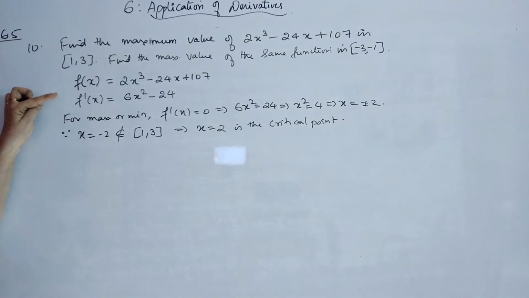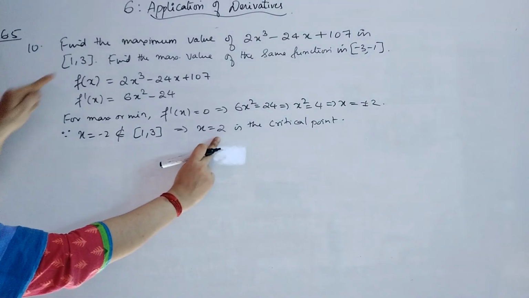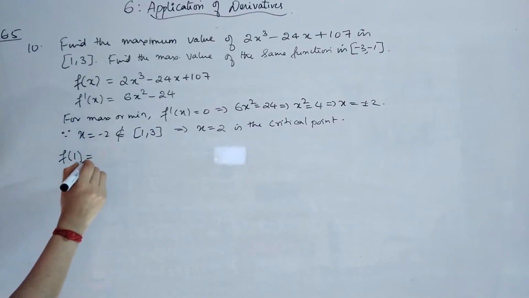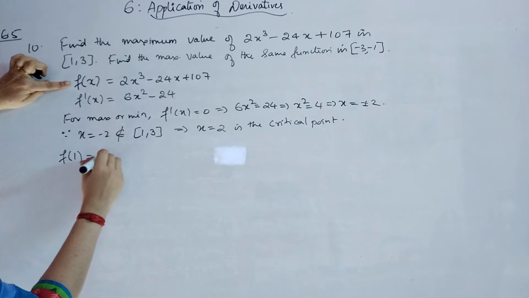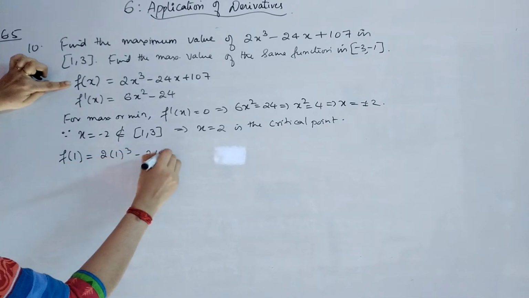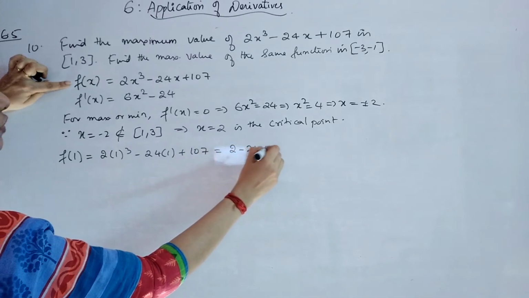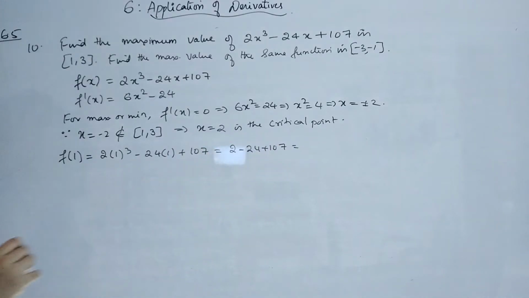Now what we need to find out? Since the interval is given, you have to check for f of 1, f of 2 and f of 3. So what is f of 1? Replacing the value in the function, 2 into 1 cube minus 24 into 1 plus 107, which will give you 2 minus 24 plus 107. What is the answer which you are getting for f of 1?